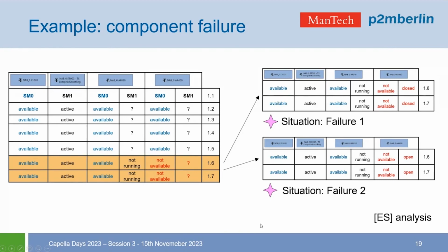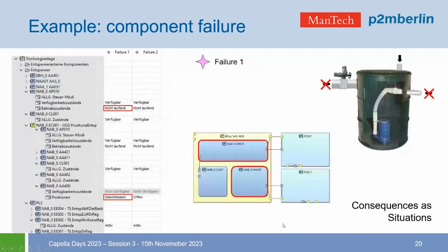Thankfully, the library we use is able to deal with the modes and states viewpoint, so it can generate failure 1 and failure 2 as situations, meaning that you will be able to see in the situations table failure 1 and failure 2 with all their states related to the components that we are dealing with. This one you see here is the valve we are considering, and it is not available in both failures, but in one it's closed and in one it's open.